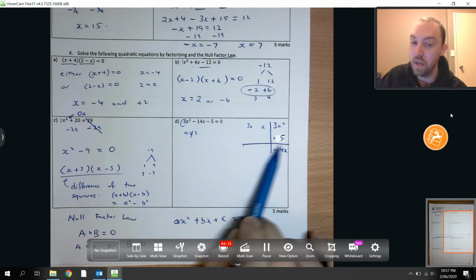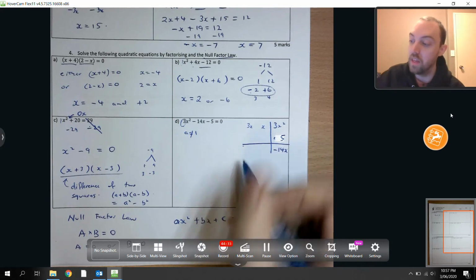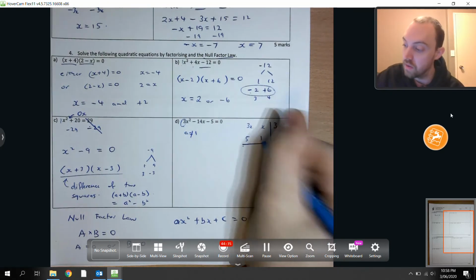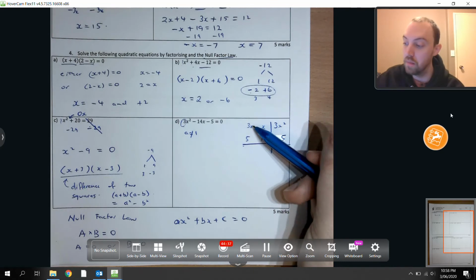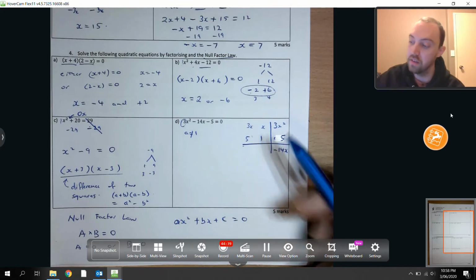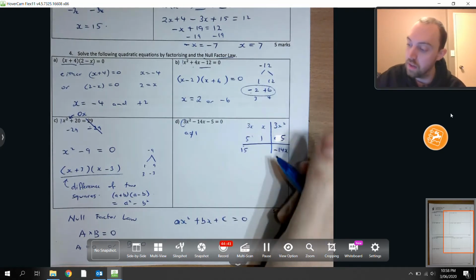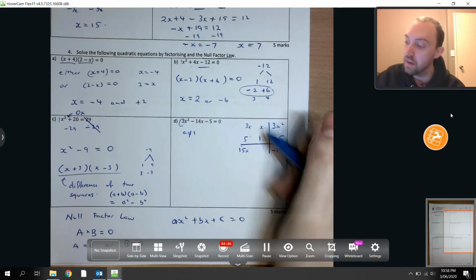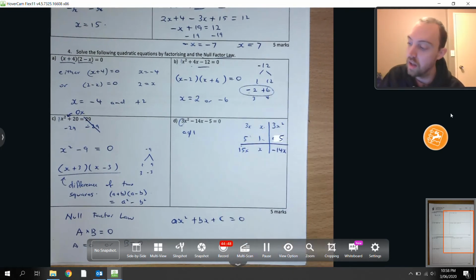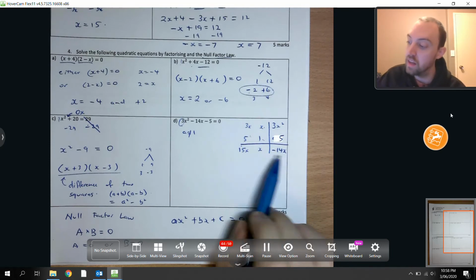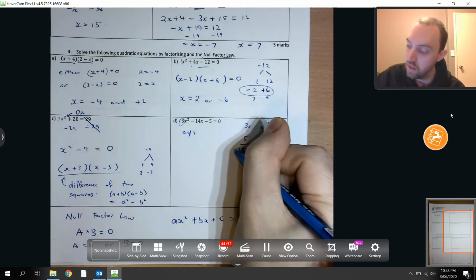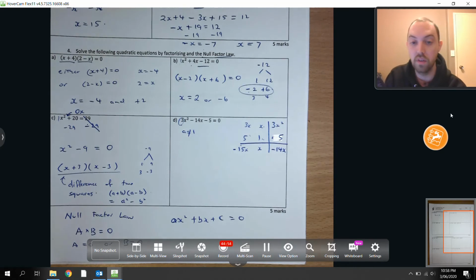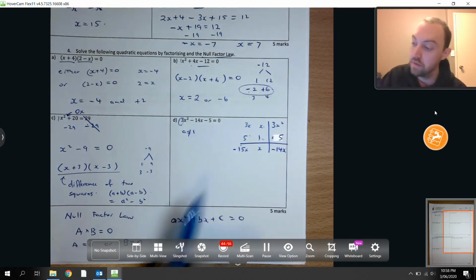I'm trying to get to -14, and I think a 15 is going to get me a lot closer because I'm multiplying down. 3x times 5 is 15x, sorry. X times 1 is x, and I need a negative 14, so the larger of these two numbers should be negative.